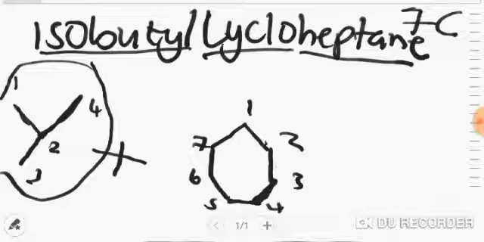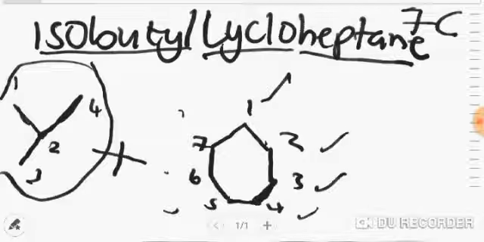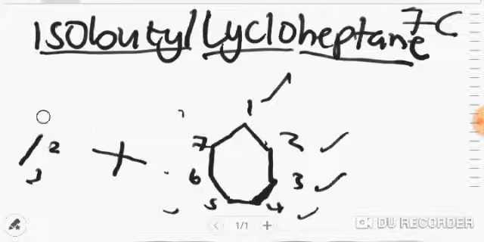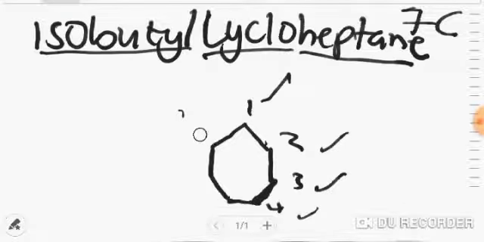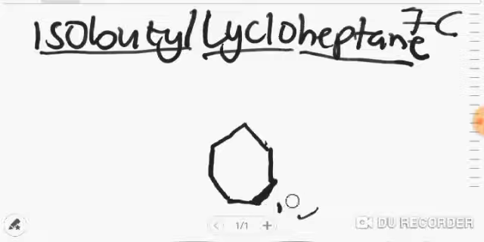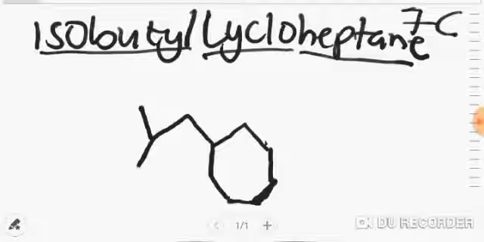You can either choose to put it on position 1, 2, 3, 4, 5. It doesn't really matter. So let's put it in any position. I chose this position. So we have 1, 2, 3, 4 carbon atoms. So this is our isobutylcycloheptane.